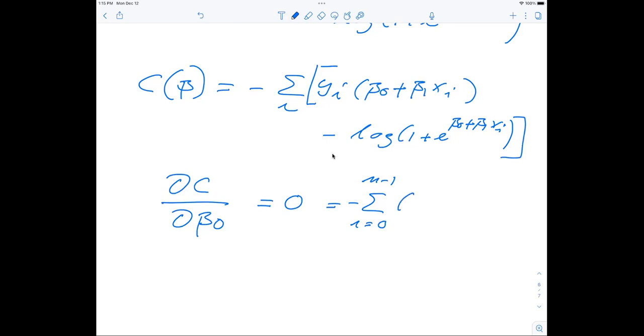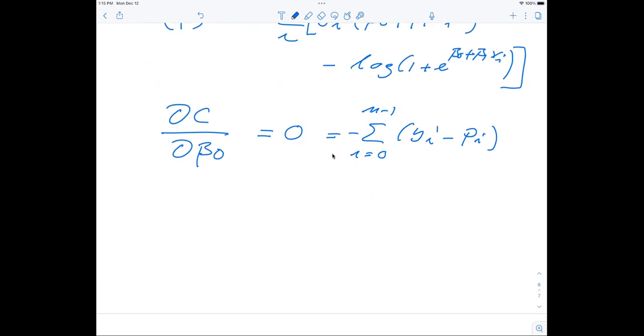And it's pretty easy to see that this is going to be given by y of i. That's the first term. And when we take the derivative of the log, this is going to give us back the probability itself. So we're going to get a p of i in here. And this would now be the first gradient. So we could call this G0, G for gradient, okay?